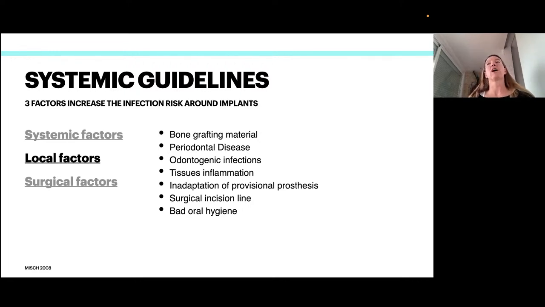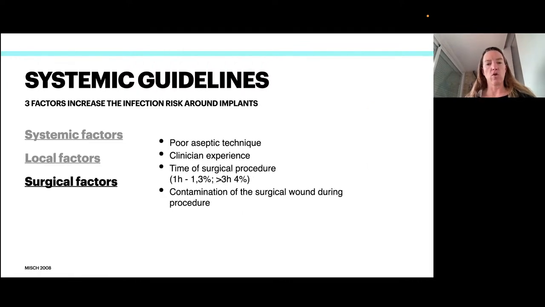Also, the surgical incision line is very important, as I stated before, in the manipulation of the tissues, to try to get keratinized tissues around your implants after the healing. So it is very important how you design the surgical incision line. Also very important, in terms of surgical factors, is the aseptic technique. You need a good aseptic technique during the surgery, not only by the clinician, but also by all the team, all the assistants.